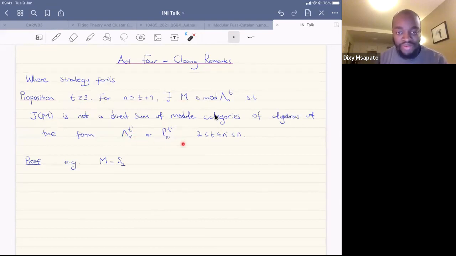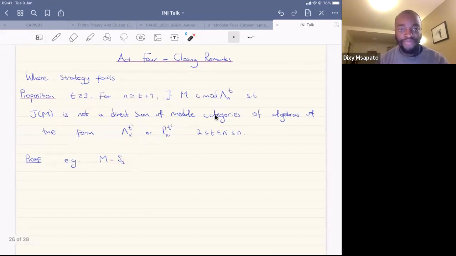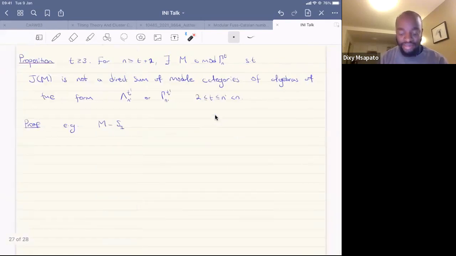In fact, I'm not even sure if the algebras you do get are Nakayama algebras. And the proof is just really by counterexample. Considering the simple module S1, if you calculate the tau perpendicular category of it, you get that it's not of the desired form. So that's the failure of the strategy in the cyclic case, and it's the same story in the linear case.